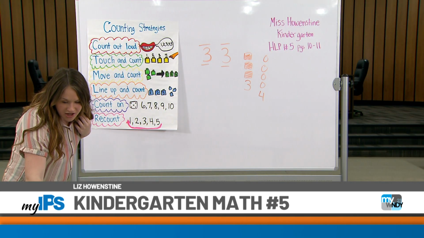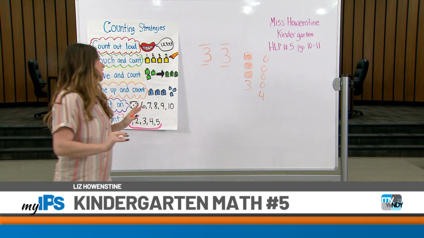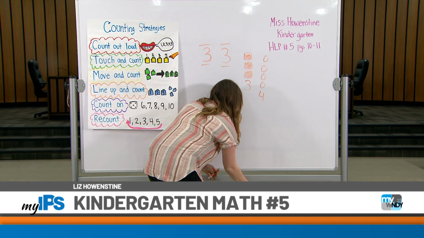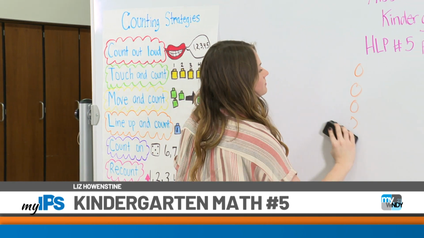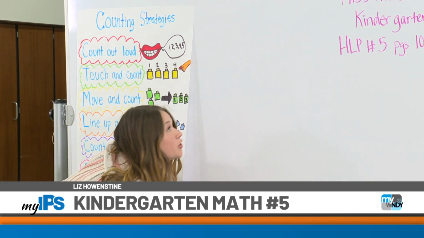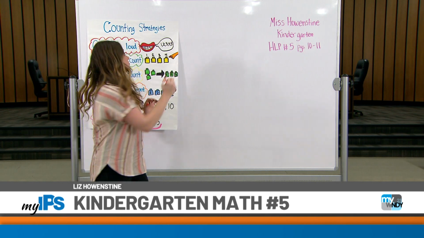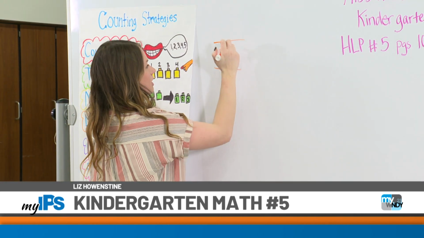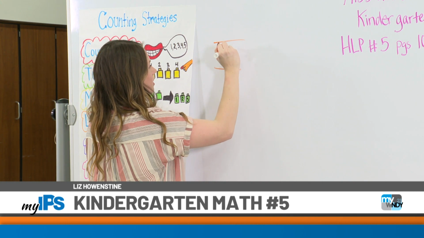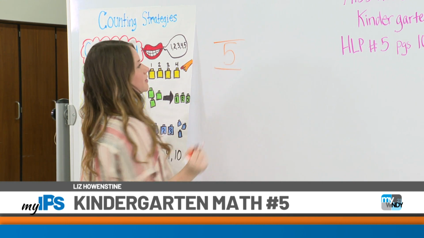Now that's on page 10. On page 11, you will have some more numbers, and you'll have your number written for you that you need to trace. So let's say we do the number 5, okay?